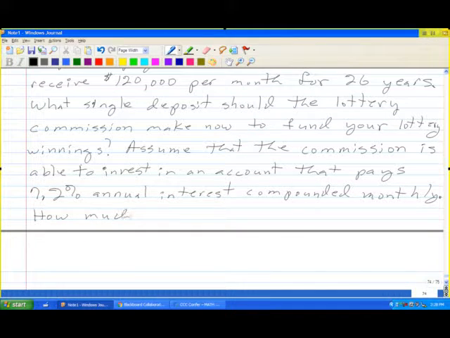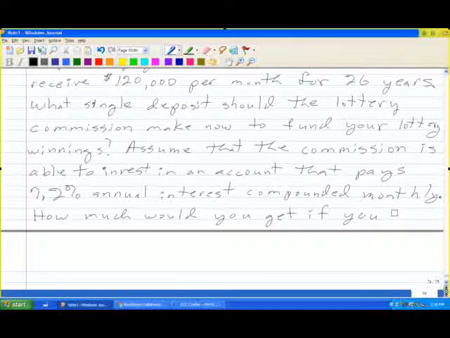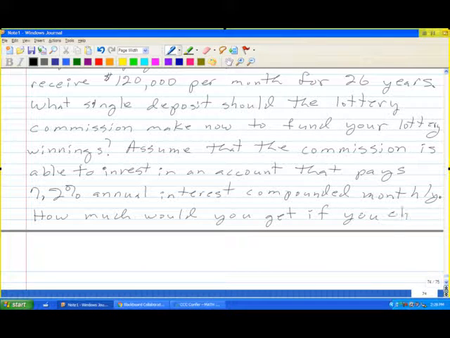How much would you get if you chose the single payment option? The lump sum option.